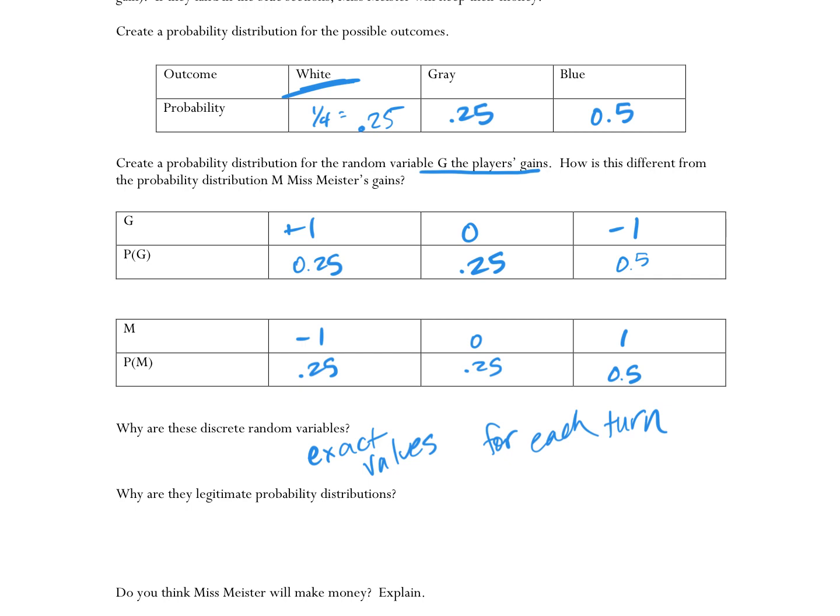Are these legitimate probability distributions? Is it every possible outcome? Yeah, and how do we know? It all adds up to 1.